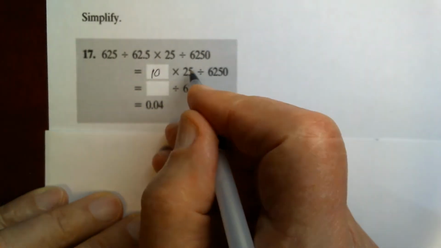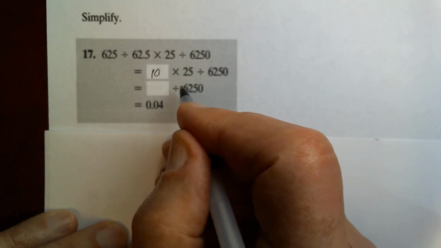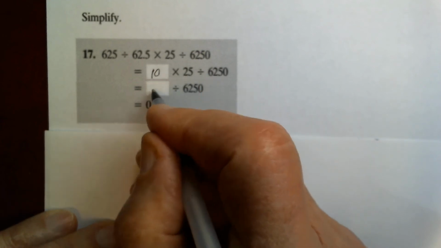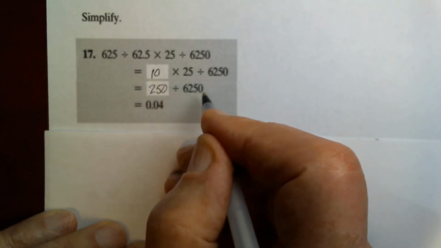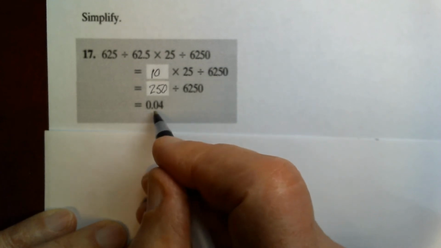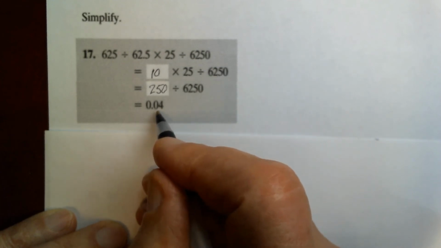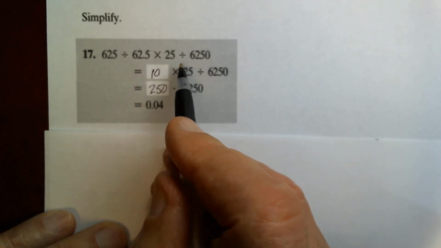Next is times 25 divided by 6,250. And 10 times 25 is 250. And then 250 divided by 6,250 is 0.04. So it's simply going from left to right and following the order of operations, just as you would have expected it.